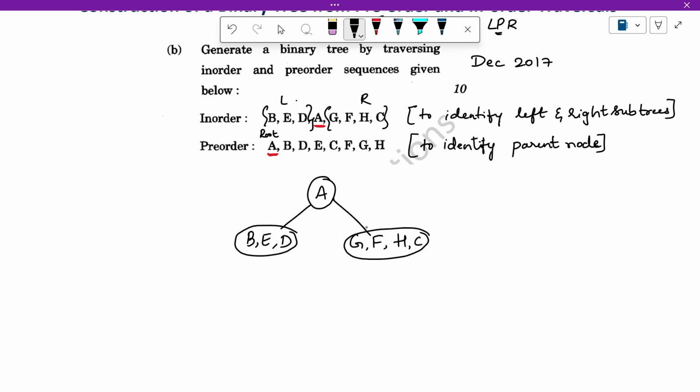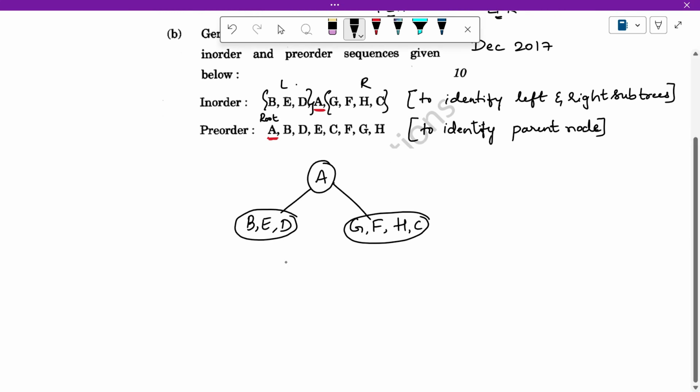This is our first diagram. Now from this we identify the root node in these three elements by looking at preorder. Whatever we have done in the first step, the same thing we have to keep repeating for each and every subtree. Now consider only this subtree BED, and this second part is your right subtree. This is the left subtree, this is the right subtree.